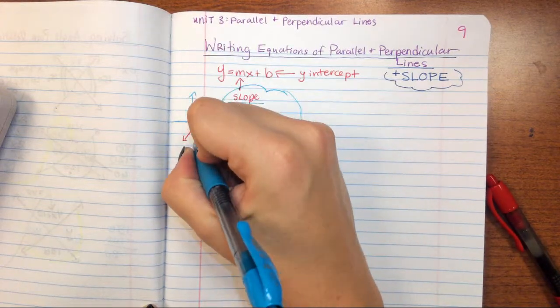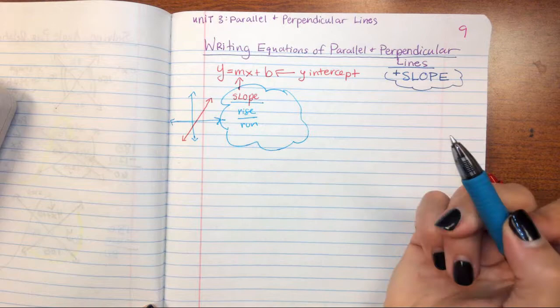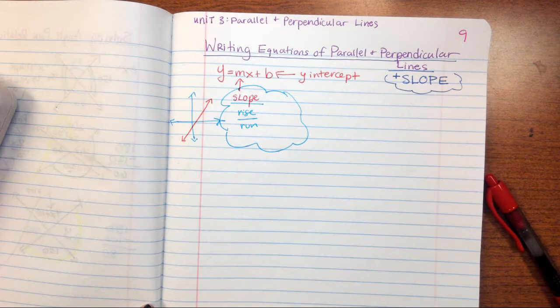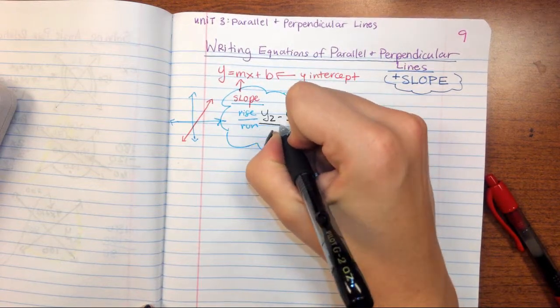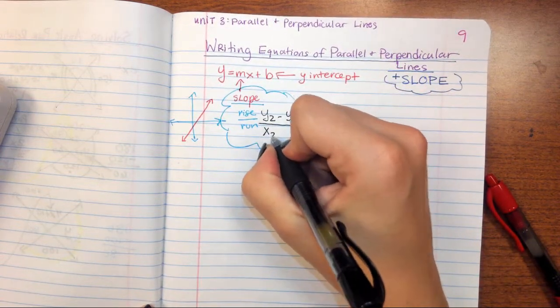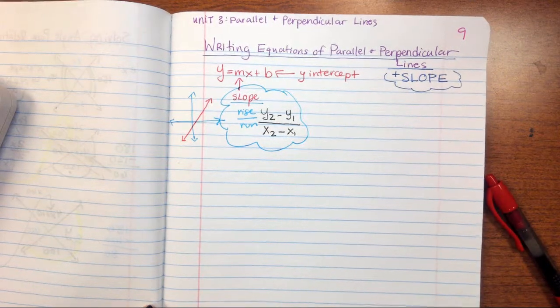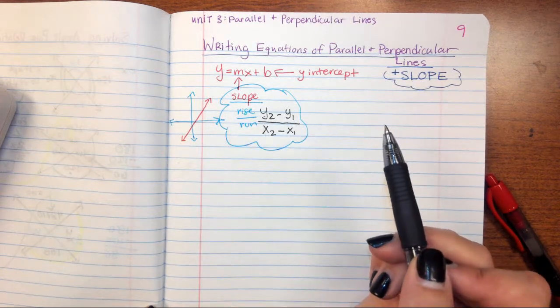Now, there's also an equation that we can use to solve slope problems, if you remember. The formula is y2 minus y1 divided by x2 minus x1. So that's very important to memorize. You can use either of these to find your slope.